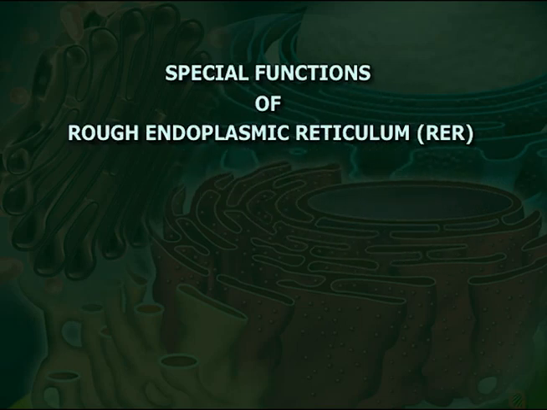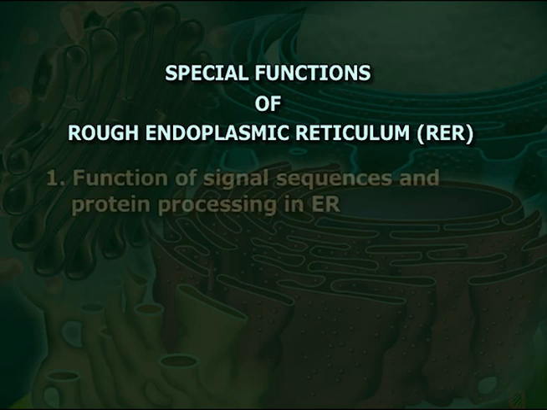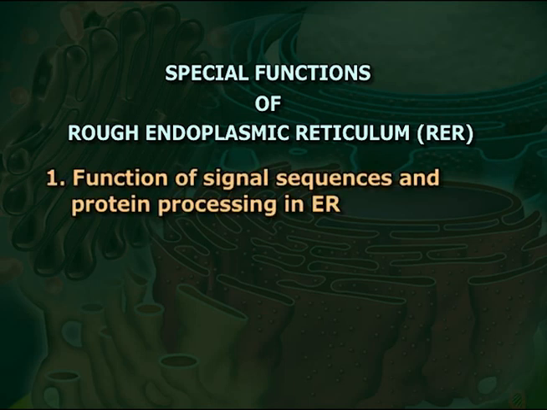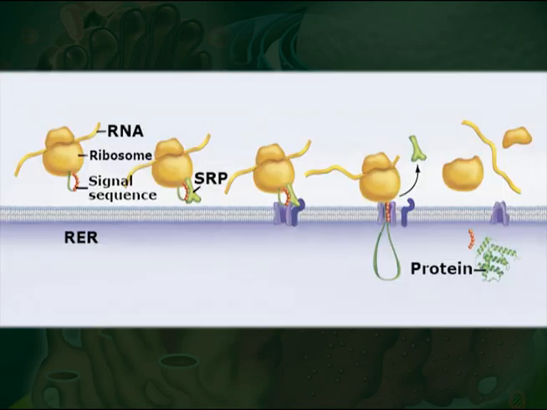Furthermore, we detail the special functions of rough endoplasmic reticulum, that is RER. Function of signal sequences and protein processing in ER. The association of mRNA ribosome complexes to ER is done by the signal sequences located near the N-terminal end of the protein.